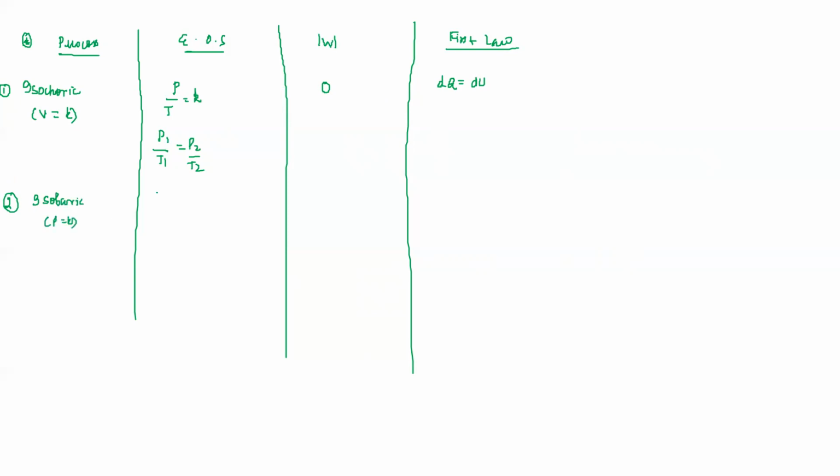So the equation of state becomes V1 by T1 is equal to V2 by T2, or simply V by T equals K. The magnitude of work done is basically P times V2 minus V1, where V2 is the larger volume and V1 is the smaller volume. And over here, you'll simply get dq is equal to du plus dw. Not much variation in the first law.